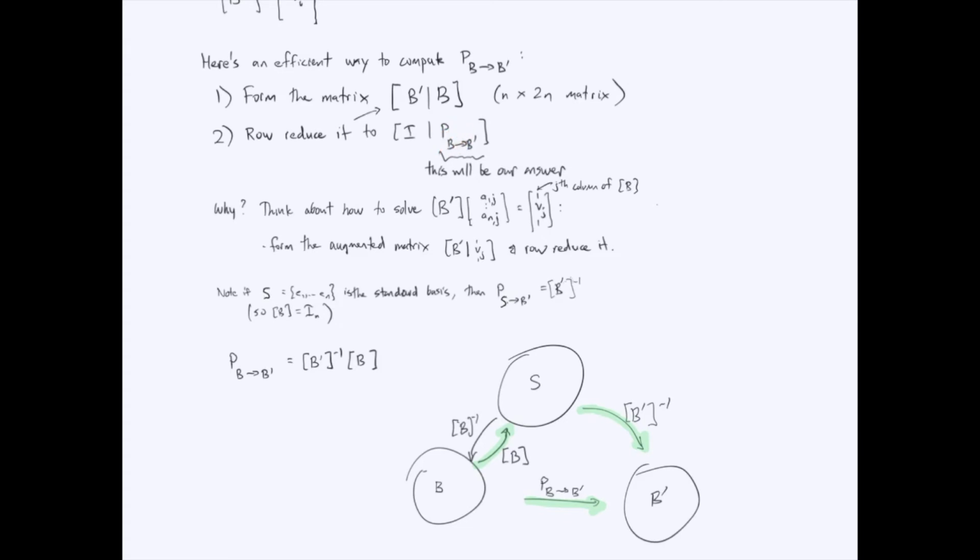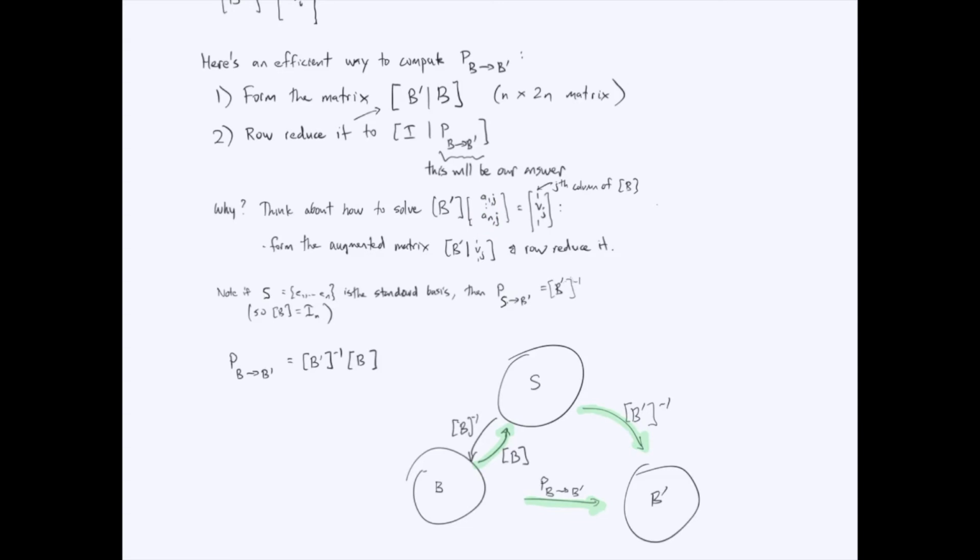You can also argue by looking at this column would be Ej, and then you're trying to find some columns that when you multiply by B primed, you get the n by n identity matrix. And so that's how these columns form the columns of B primed inverse.